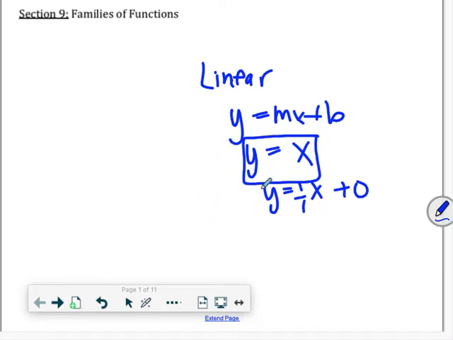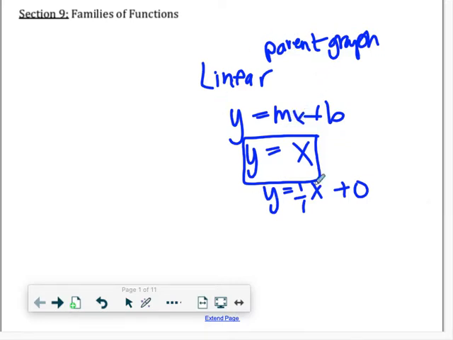And if you want to write that at the top or off to the side somewhere in your note guide, y equals x is going to be known as the parent graph. We're going to talk about parent graphs today. Y equals x is going to be the parent graph for the linear family. So any graph that is a line belongs to the linear family.